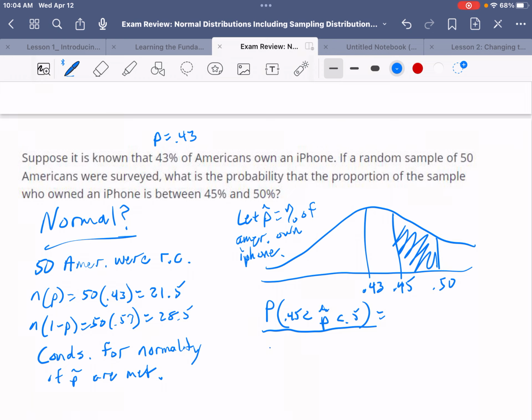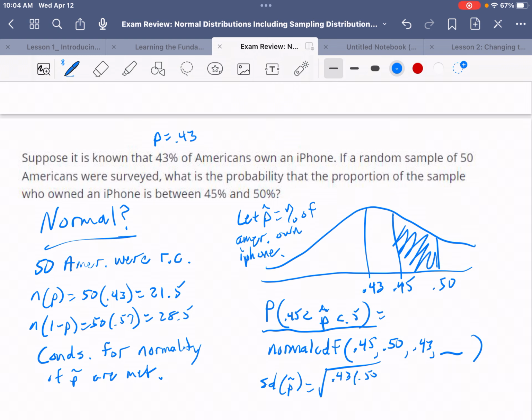Well, you know that you're going to call up normal CDF, and you're going to put 0.45 as the lower bound, 0.50 as the upper bound, and 0.43 as the mean, but you need a standard deviation as the fourth number. The standard deviation of P hat is the square root of P times 1 minus P, that should be 0.57, divided by the sample size, which was 50.